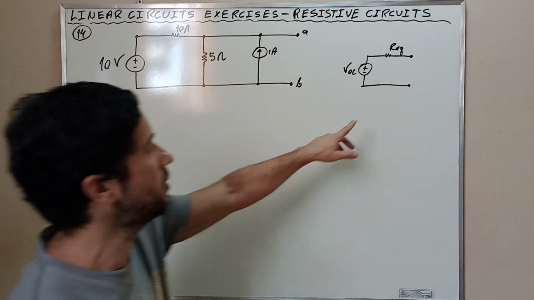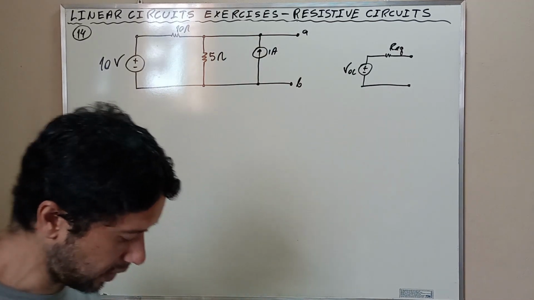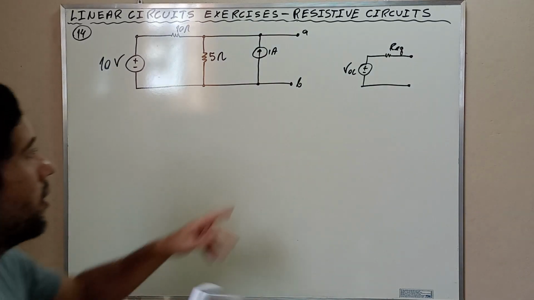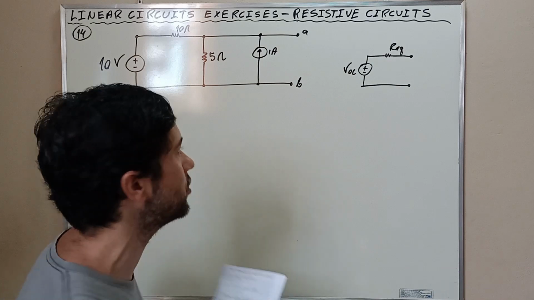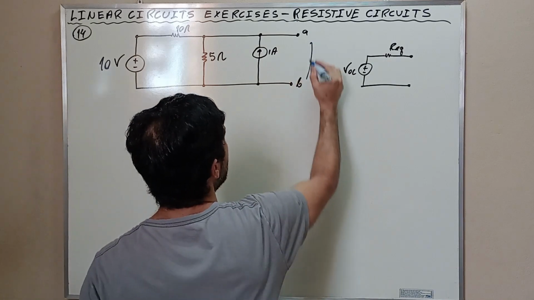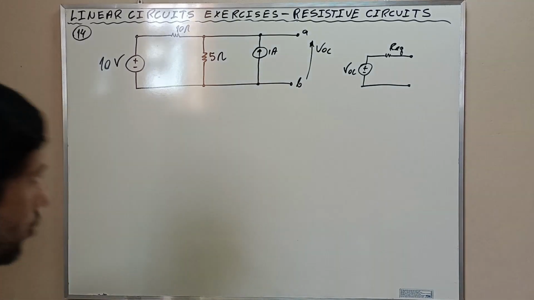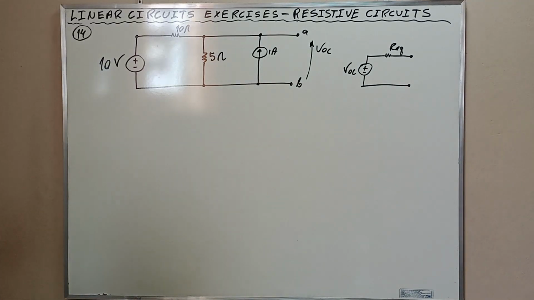Firstly, we're going to find the open circuit voltage here. There is going to be a voltage here, and we are going to calculate this open circuit voltage to find the Thevenin equivalent circuit.